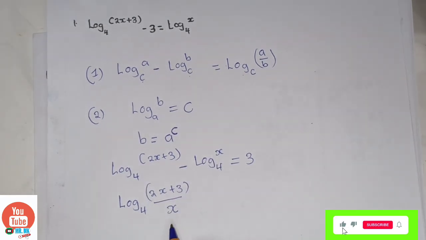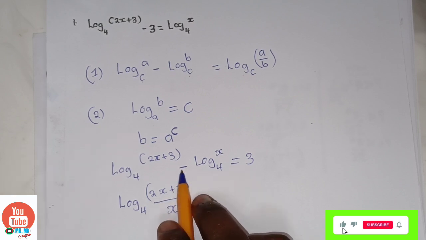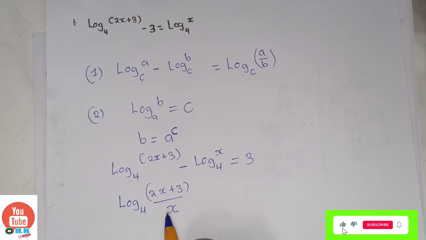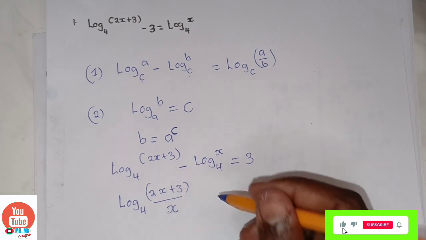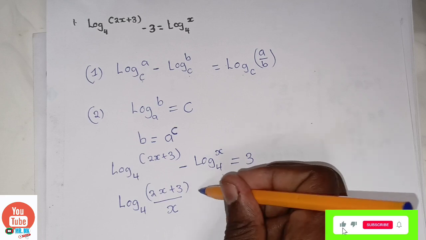Why am I saying over x? Because in between you have a negative, you change to division. That is why I said over x is equal to 3.